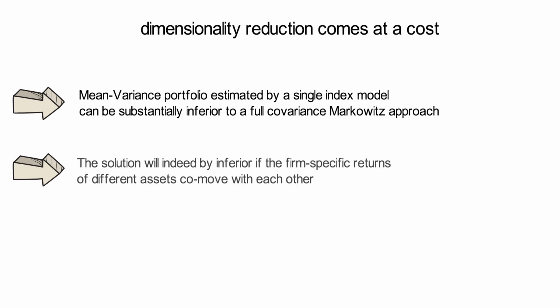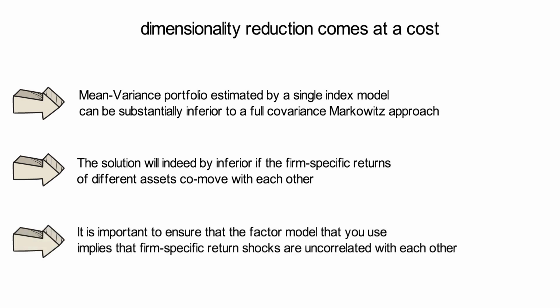The solution will indeed be inferior if the firm-specific returns of different assets co-move with each other. That is because the single index model builds the covariance estimate sigma hat with the assumption that epsilon I and epsilon J have a zero correlation. Hence, it's important to ensure that the single factor model you use implies that, statistically speaking, firm-specific return shocks are uncorrelated with each other.